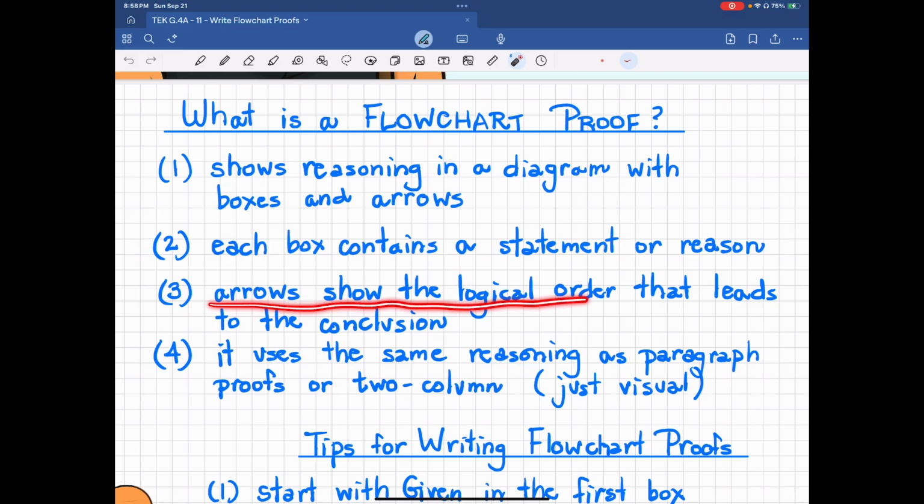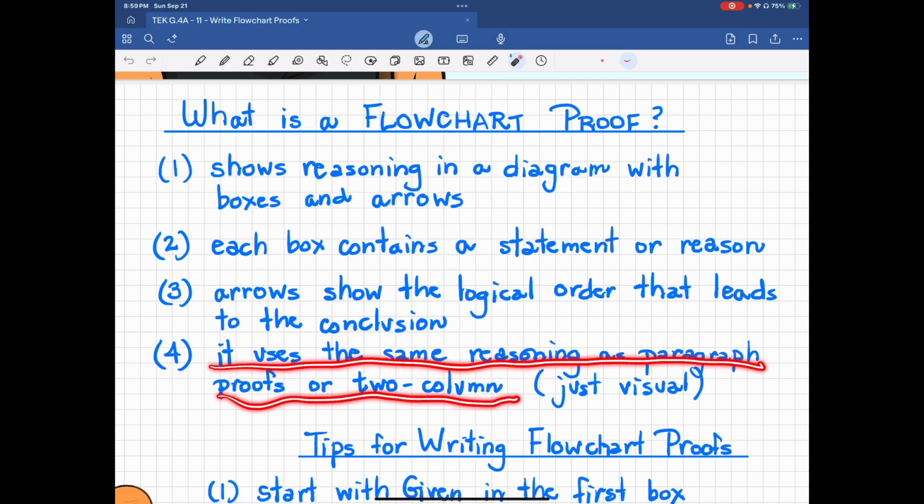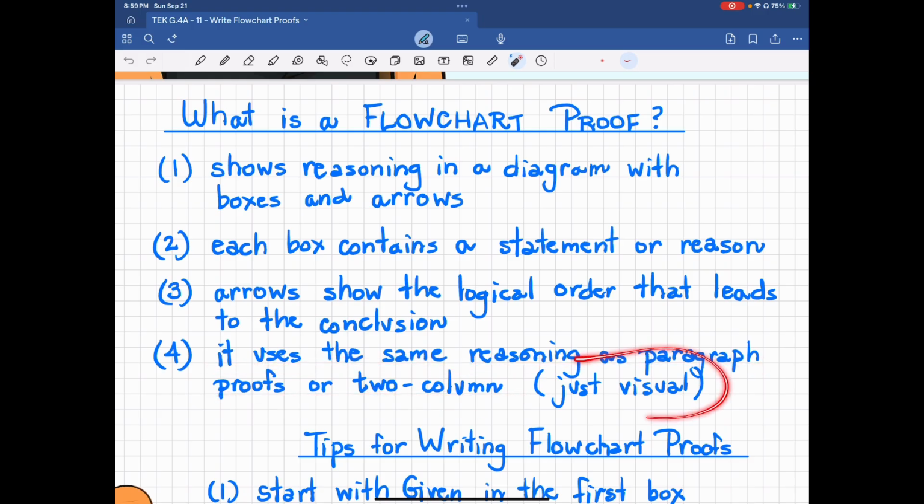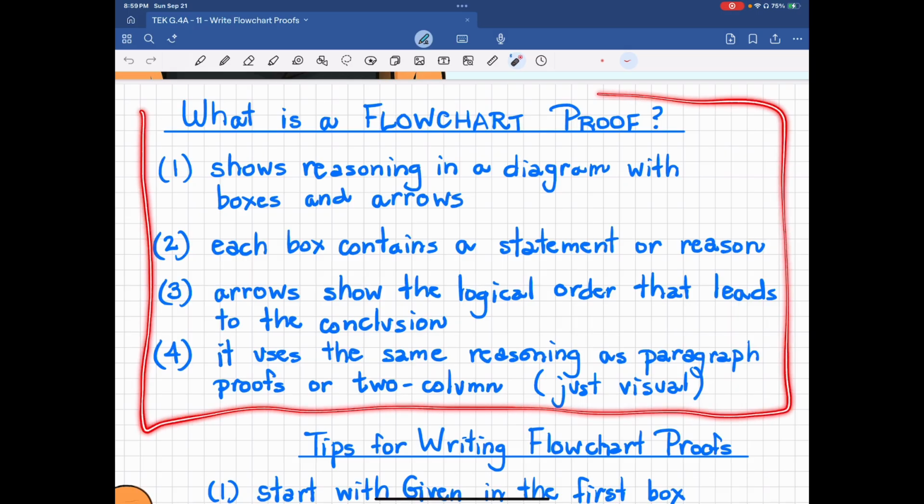Arrows show the logical order that leads from one thought to another to the conclusion. And it uses the same reasoning as paragraph proofs or two-column proofs. The only thing is, it's just very visual. So these are the four things that define a flowchart proof.